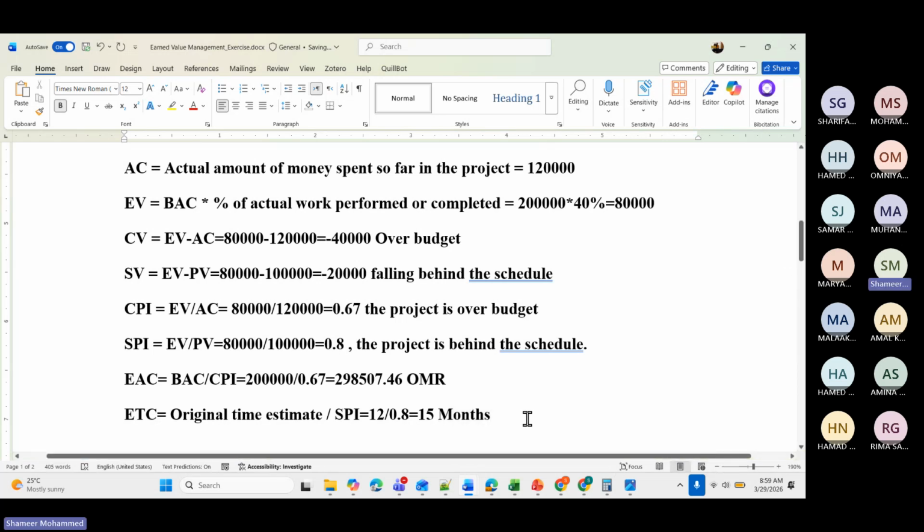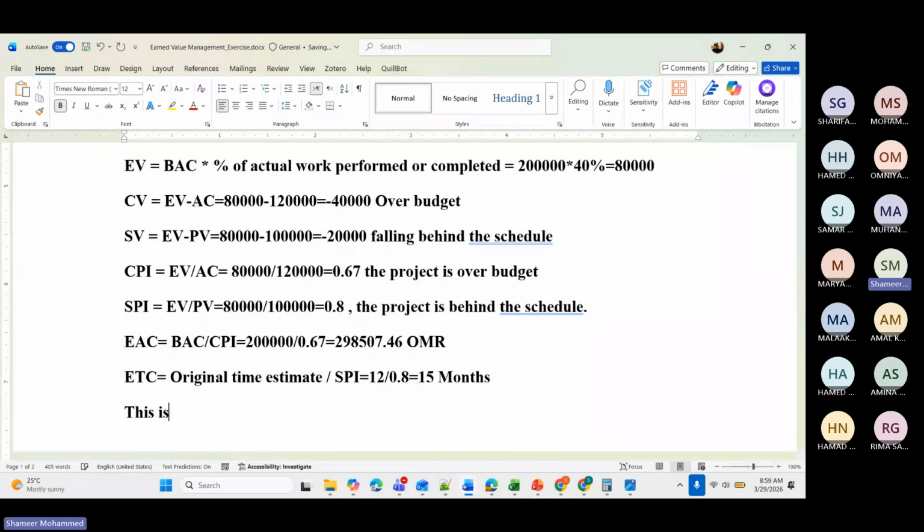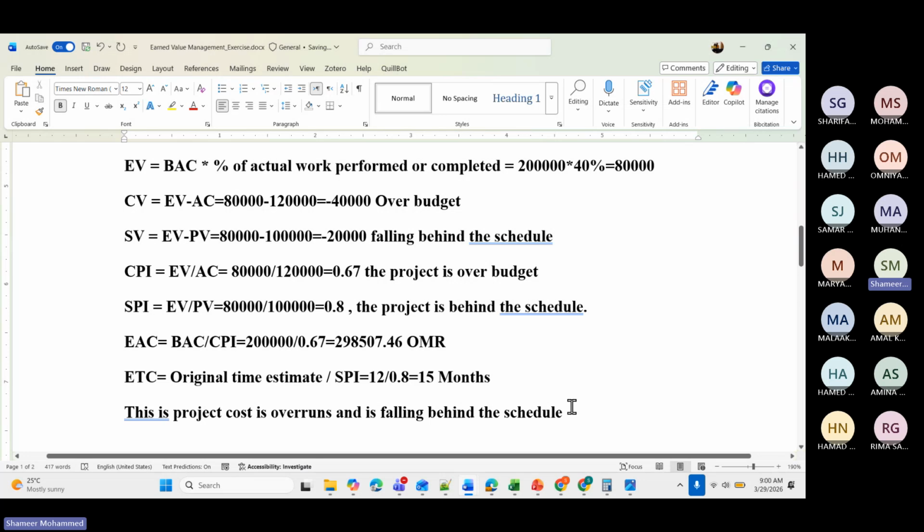Finally, this project is overrunning the cost, and this project is falling behind the schedule. Like this, you may write the justification.